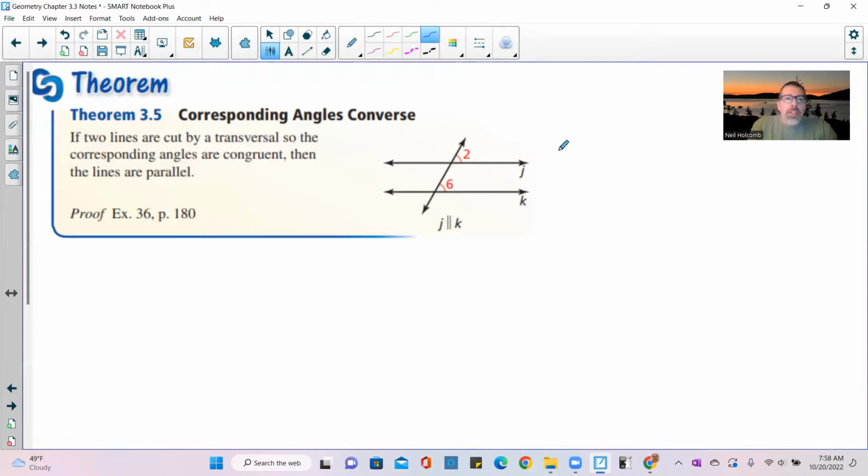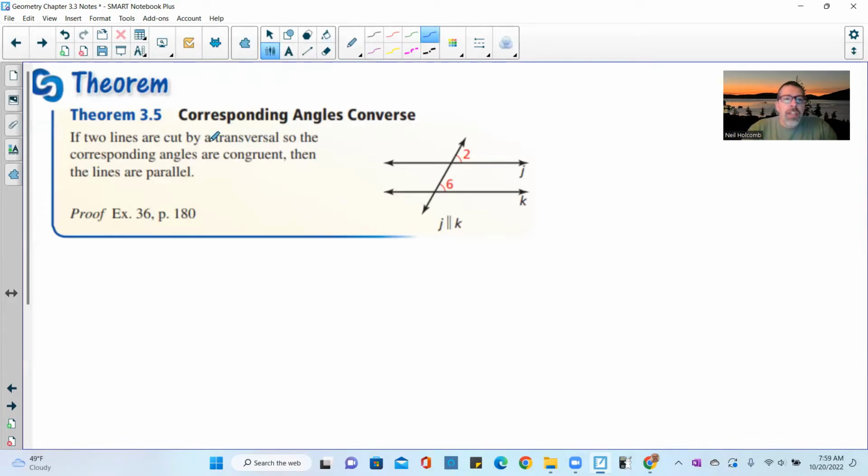So if two lines are cut by a transversal, so the corresponding angles are congruent, then the lines are parallel. The converse to that would be, if two lines that are parallel are cut by a transversal, then corresponding angles are congruent.